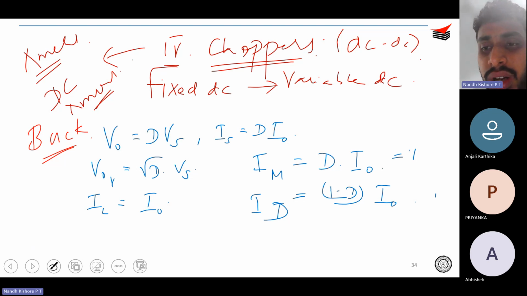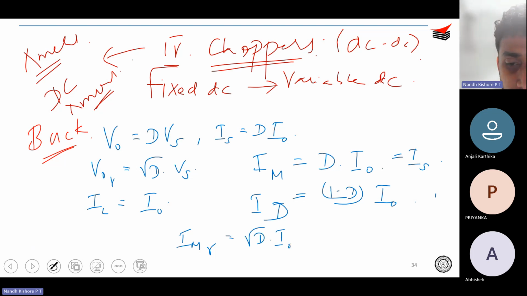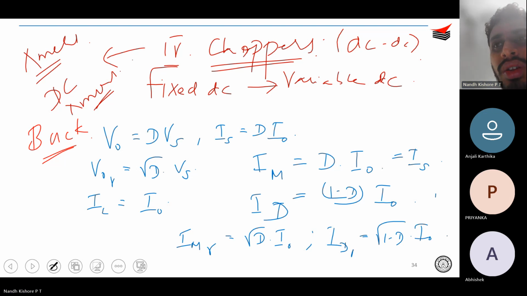D times I naught, or it is Is. So what will be the RMS current through the switch or the MOSFET? Root over D times I naught. And RMS current through the diode is going to be root over 1 minus D times I naught. Is this fine so far? So basically you will be seeing problems from this.